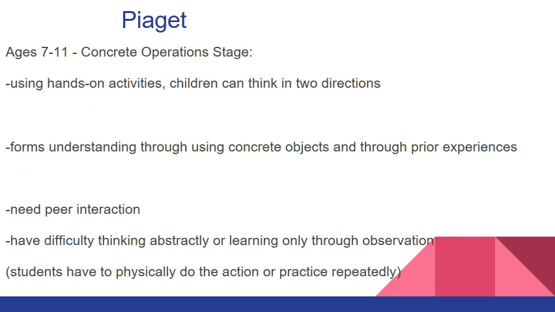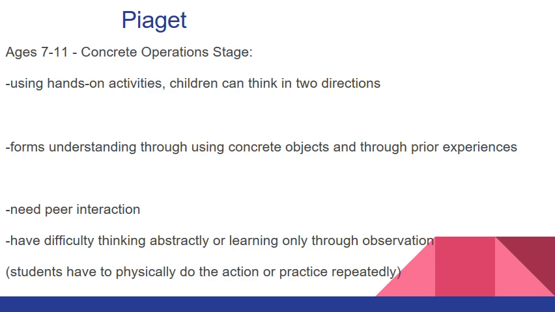From ages 7 to 11, students go through the concrete operation stage. So this is for the most part of elementary. During this time period, students need hands-on activities. They learn best through that.